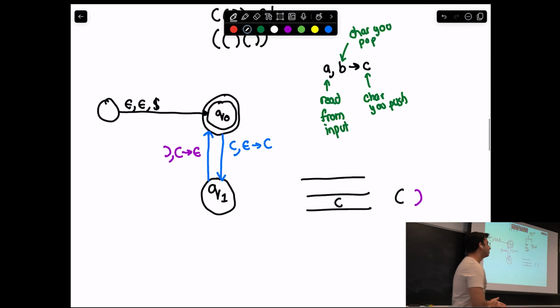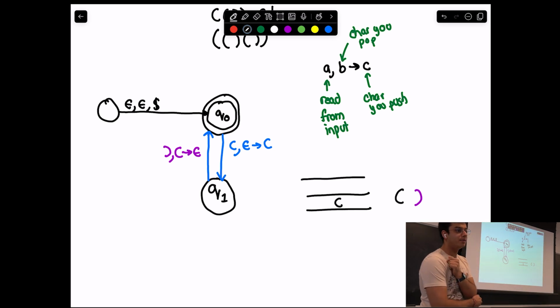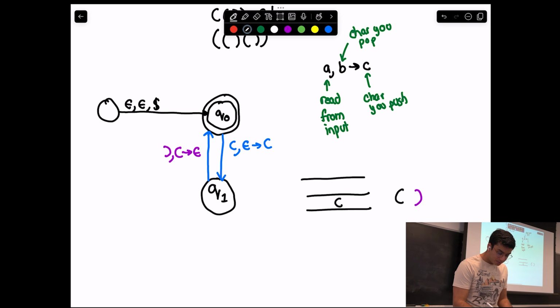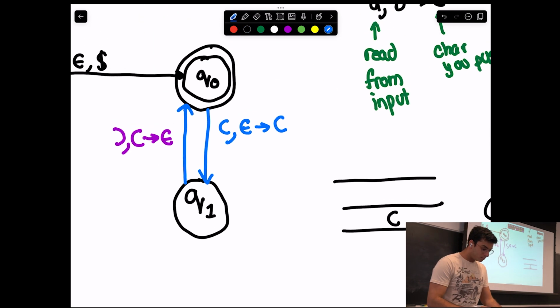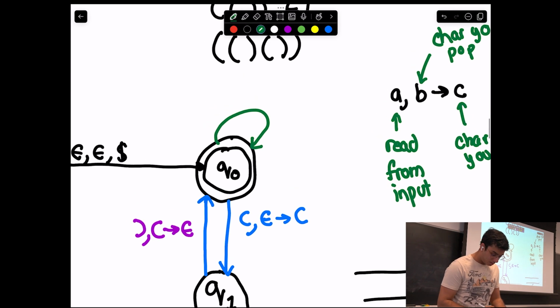Anyone have any other ideas? So we know how to solve this in LeetCode, right? You keep pushing open parentheses onto the stack. Isn't it a self loop on Q0 with open parentheses and then an epsilon transition to Q1? So you want a self loop on Q0. Basically just move that transition to the self loop.